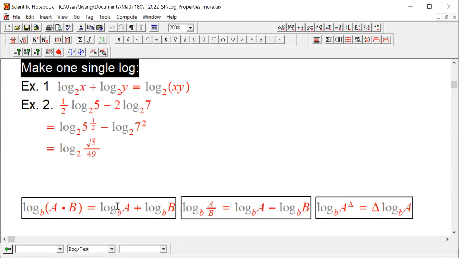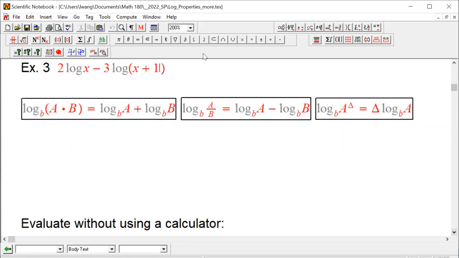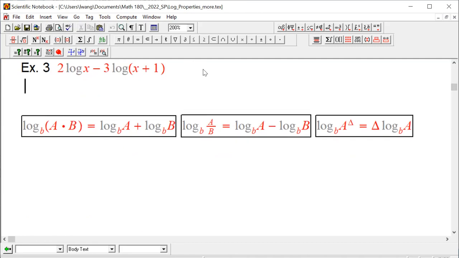Let's look at some other examples. Example number 3. Now we have 2 times the common log of x minus 3 times the common log of x plus 1. Let's see how we're going to make it one single log.